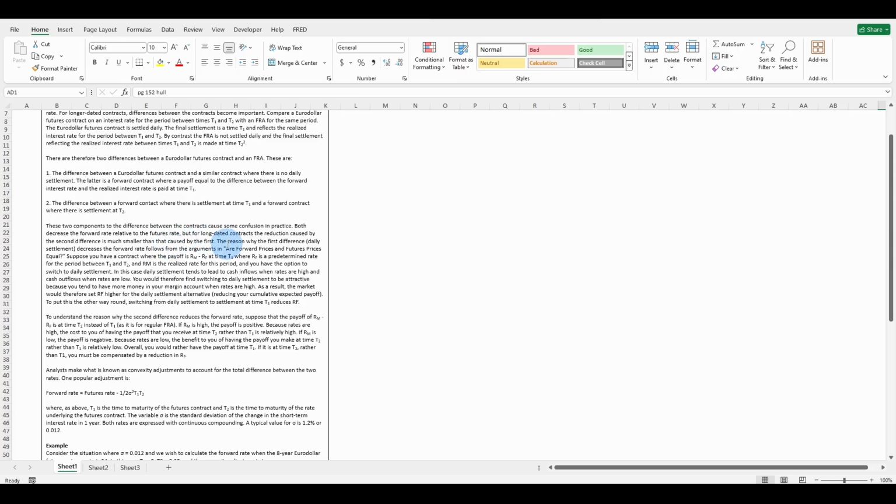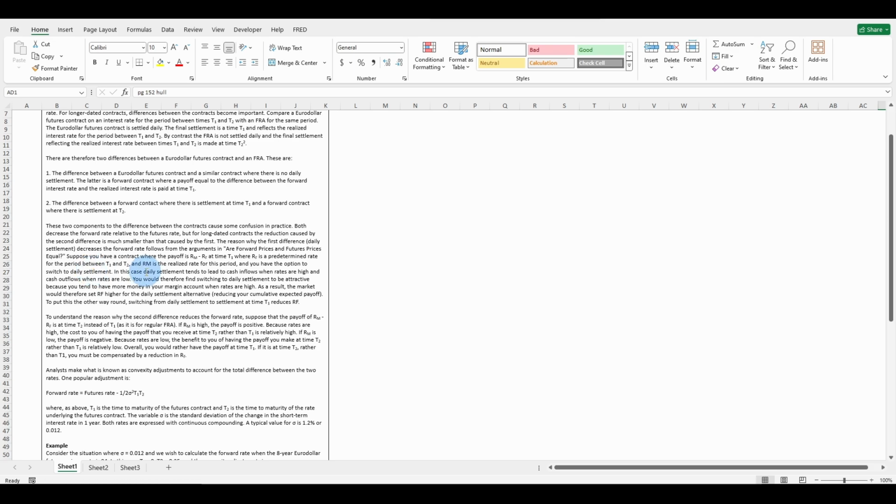The reason why the first difference, daily settlement, decreases the forward rate follows from the argument in "Are forward prices and futures prices equal?" Suppose you have a contract where the payoff is R_M minus R_F at time T1, where R_F is a predetermined rate for the period between T1 and T2, and R_M is the realized rate for this period, and you have the option to switch to daily settlement.